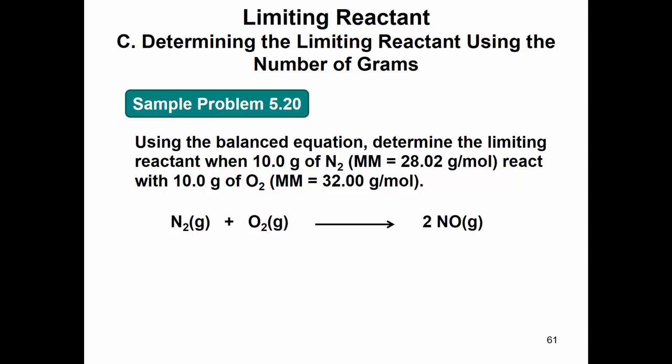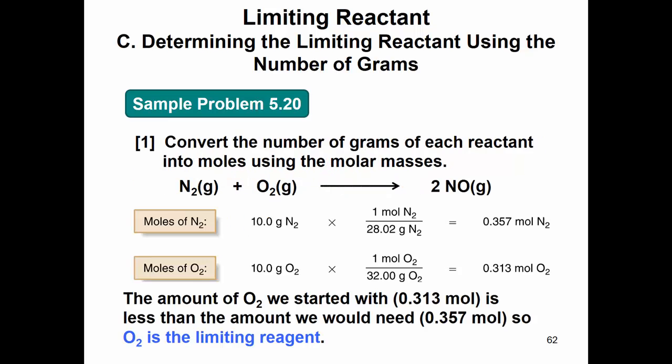Okay, so we're going to look at 2 reactions because they are quite different. This one is a little bit simpler, I guess, because in this reaction we have a 1-to-1 ratio of our reactants. So we have to think about that when trying to figure out what's our limiting reactant. In this problem, we're given 10 grams of nitrogen and 10 grams of oxygen, and we want to know which one is the limiting reactant.